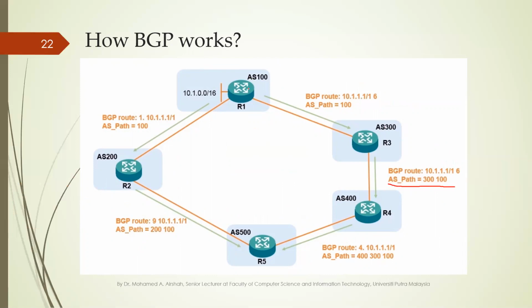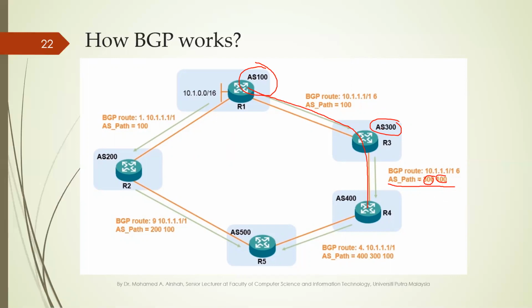The packet comes from here to here. It goes through AS100 and AS300. So you can see here 300, 100. So the last is the first. The last router we traverse is the first one in the order.